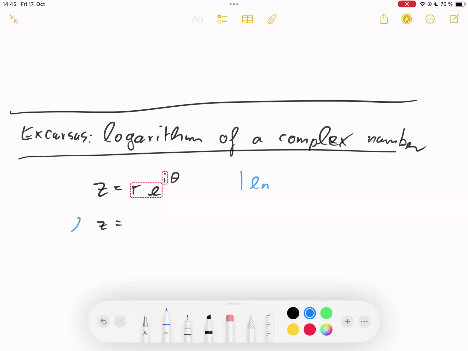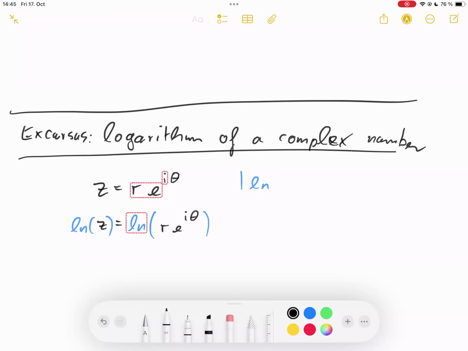So the logarithm of z is the logarithm of r times e to the power of I times theta.